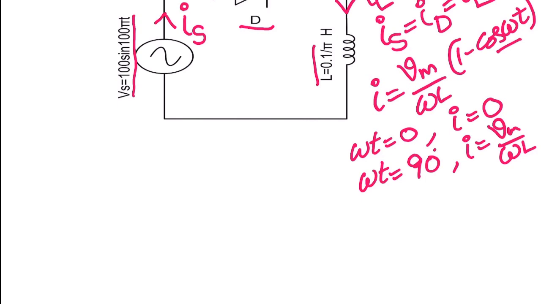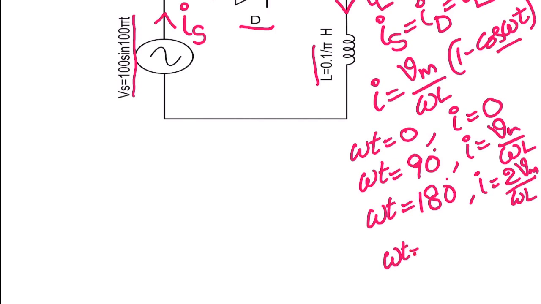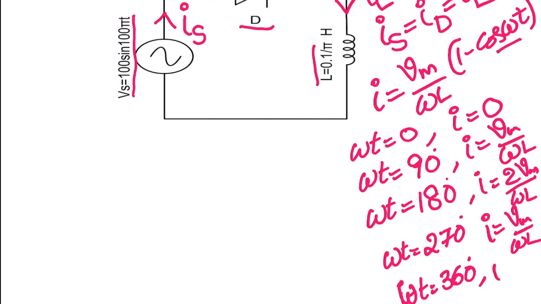Cos 90 is 0, so the value becomes Vm by omega L. At omega t equal to 180, i equals 2Vm by omega L. At omega t equal to 270, the current is Vm by omega L. At omega t equal to 360 degrees, the current is 0. For all these instants, you need to substitute omega t in this expression so that you get all these values.